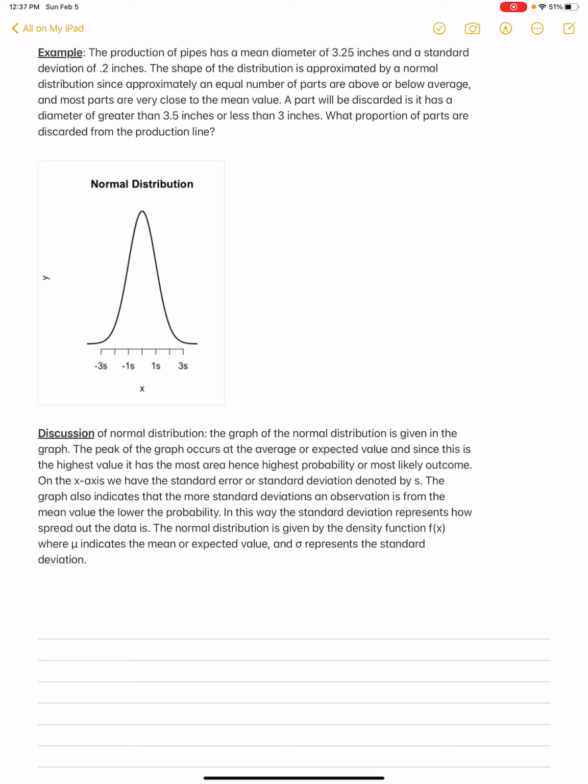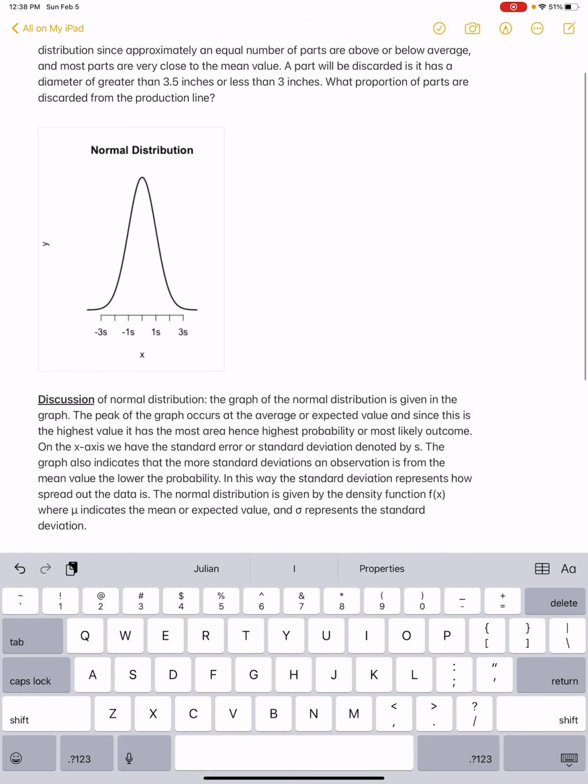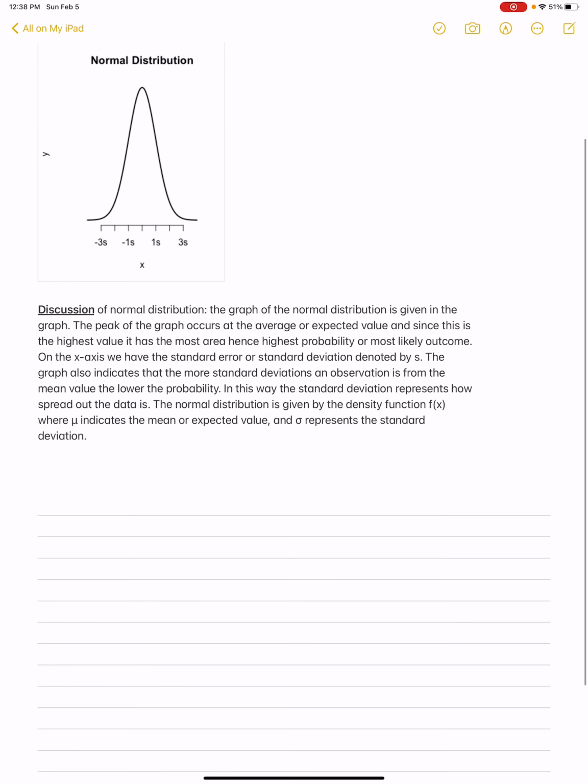S typically also denotes standard deviation, but typically for a sample. And here we're being asked, what is the probability or proportion of parts that are discarded? A part has to be discarded if it's greater than 3.5 inches or less than 3 inches for this company. Kind of loose standards.